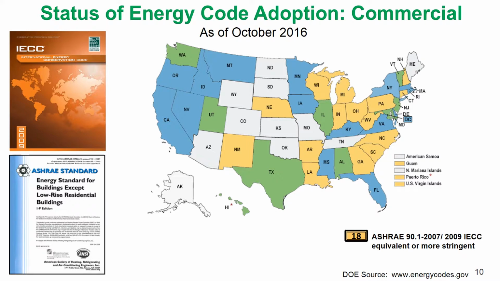So we suspect some of these states shown in yellow will soon adopt the 2015 IECC or its reference 90.1 standard. So that's a quick snapshot. And then the states shown in white, roughly 13 states utilize an older energy code or may not even have an energy code of interest.